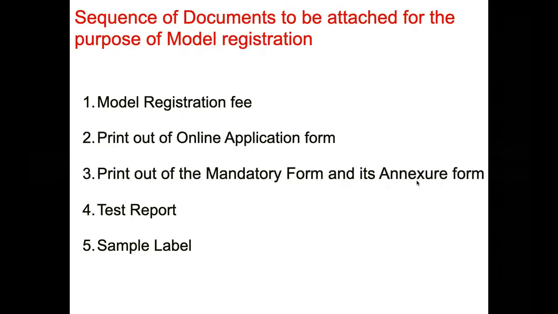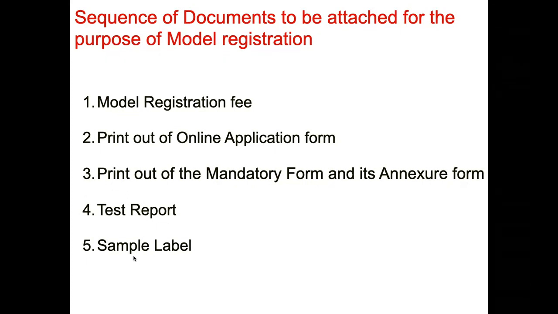Another is the sample label, that is printed waterproof, adhesive or metallic as applicable. The sample label of each model must be stapled along with the online application form of that particular model, and the design and color parameters of the sample label should strictly match the specification given in the schedule of the respective equipment.